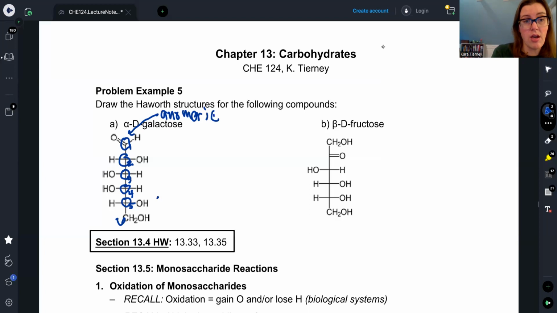That oxygen comes from the carbon 5 OH group. So 4 chirals plus my anomeric carbon plus my oxygen is 6 in this one. Shorthand: count your chiral carbons and add 2, and that tells you how many points are in the ring. I figured that out while we were doing lecture the other day, so that's a nice shortcut.